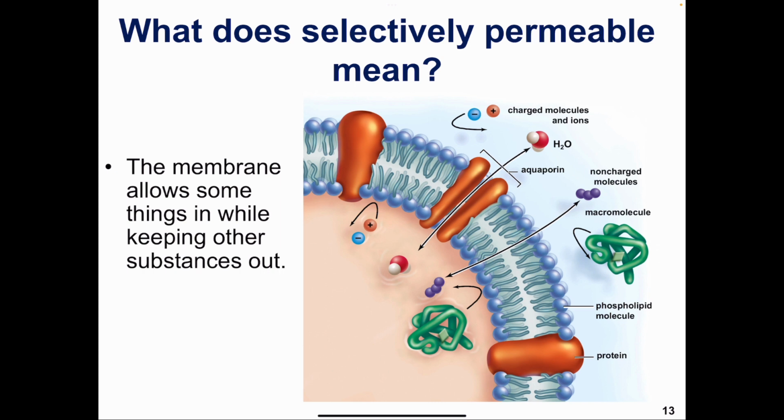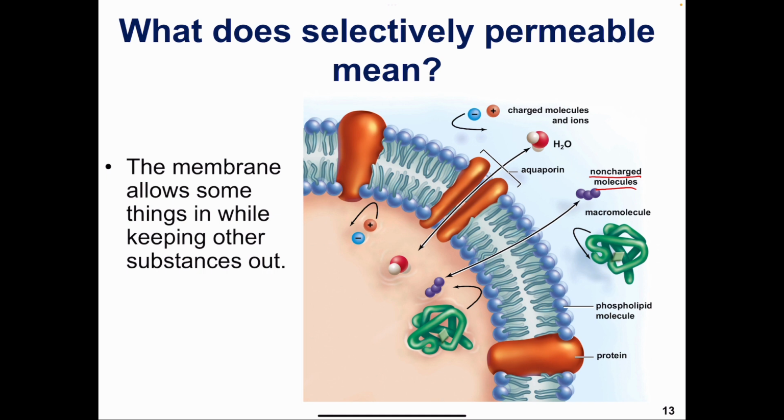Now, I said earlier that the plasma membrane is semi-permeable, which means that some chemicals can cross the plasma membrane freely while other chemicals have a hard time crossing it. But what can cross freely and what cannot? Well, what can cross freely are chemicals that are small, non-charged, non-polar.